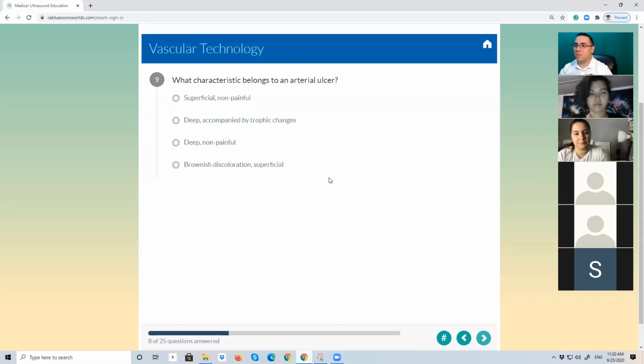Which of these belongs to an arterial ulcer? I have superficial and non-painful; deep and with trophic changes; deep and non-painful; and then you have the brownish discoloration and superficial. So about this one here. Deep, accompanied by trophic changes.